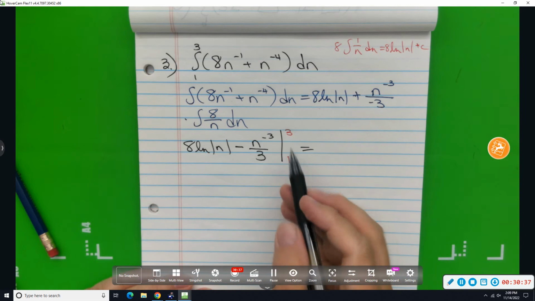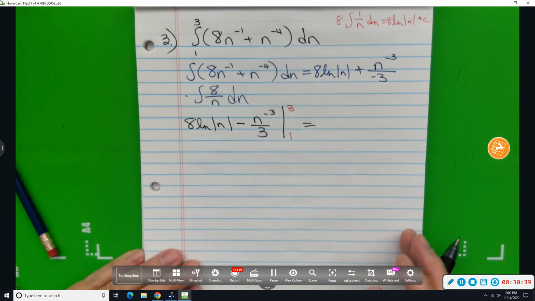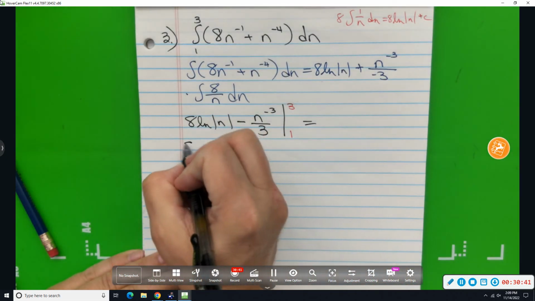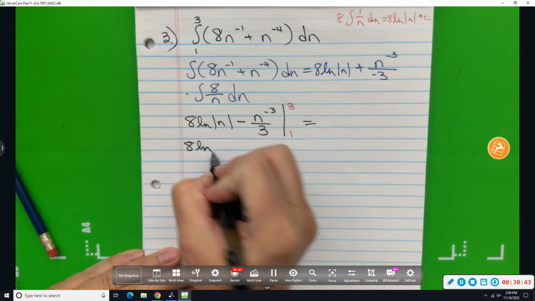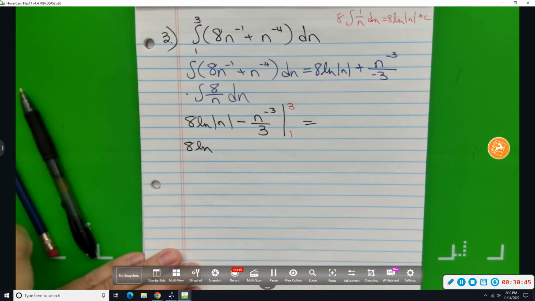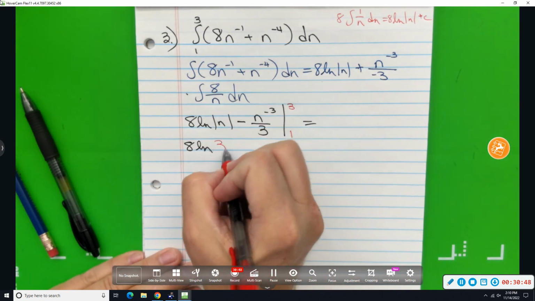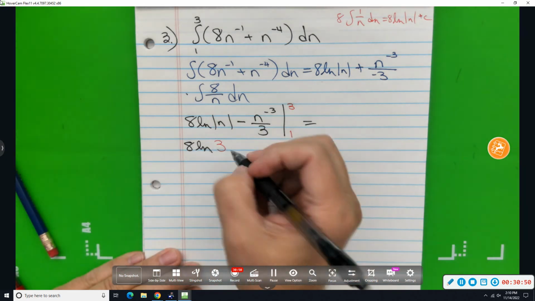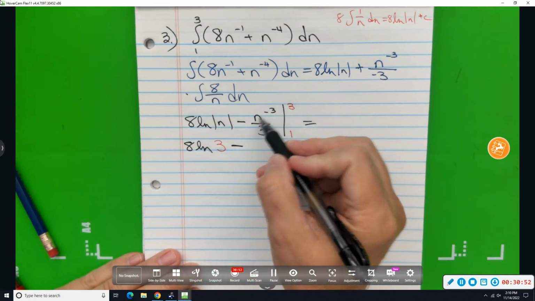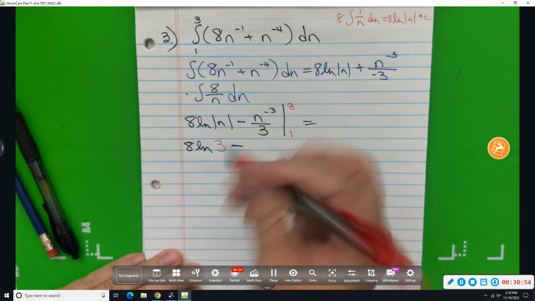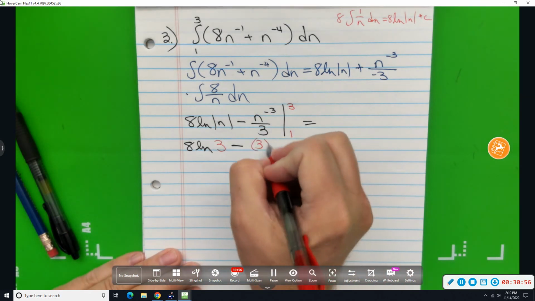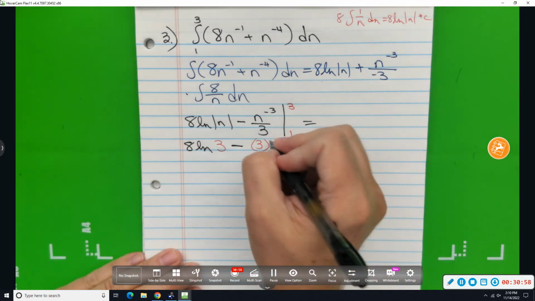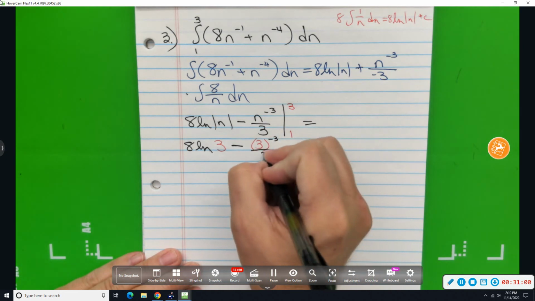So we go through, plugging in the 3: 8 ln, the absolute value of 3 is just 3, minus 3 to the negative 3, 3 to the negative 3, divided by 3.